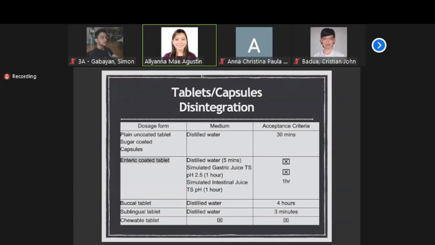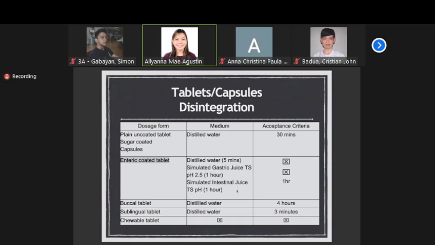So, for the disintegration of the enteric coated, lalagay mo siya sa distilled water for 5 minutes. Dapat hindi siya mag-disintegrate. After 5 minutes, ililipat mo siya sa gastric juice. So, gastric juice, this is simulated na parang sa stomach ng acidity. So, it should not disintegrate within the 1 hour. And then after 1 hour, ililipat mo siya sa intestinal juice.